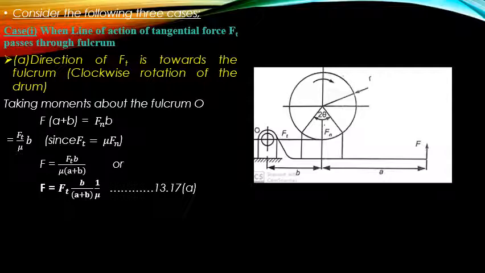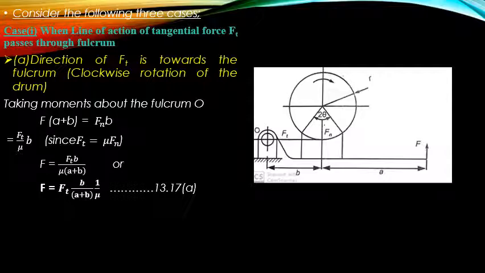Here in the first case, if the drum is rotating in the clockwise direction, then, as I said earlier, the Ft depends upon the rotation of the drum, whether clockwise or counterclockwise.